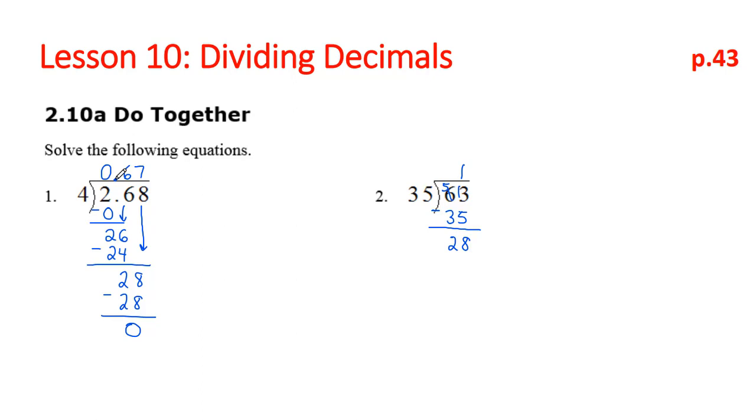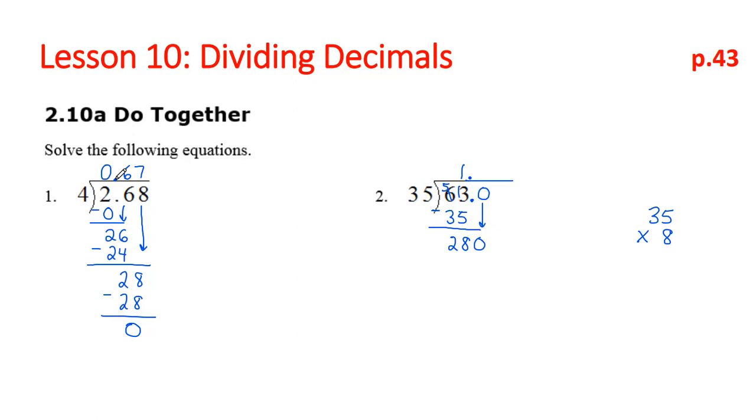Now, 63 has an invisible decimal right at this point. So we can extend our quotient bar, put the decimal in line, and add a 0 so that we can bring that 0 down and keep dividing. 35 into 280. This can take some side work, so you can try different numbers.